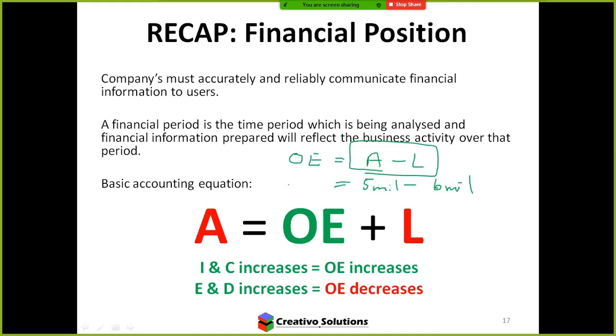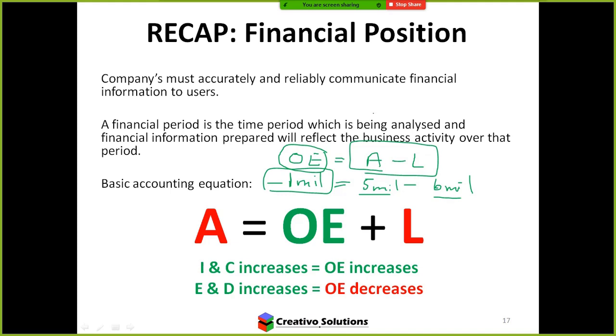Bad, because you have more liabilities. You actually have negative owner's equity. So this individual would be in a bad financial position because they don't have any owner's equity.